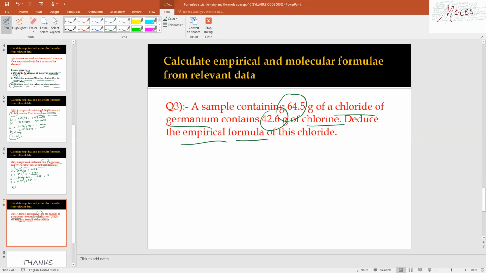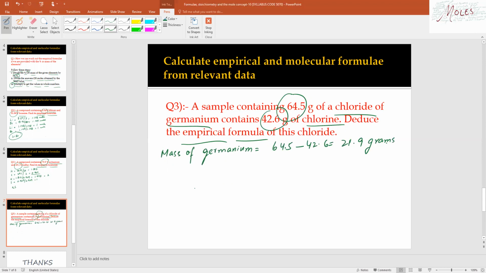So I will subtract 42.6 from 64.5 to get the mass of germanium. 64.5 minus 42.6 is 21.9 grams.